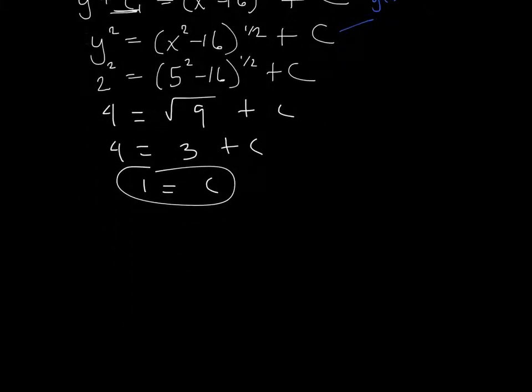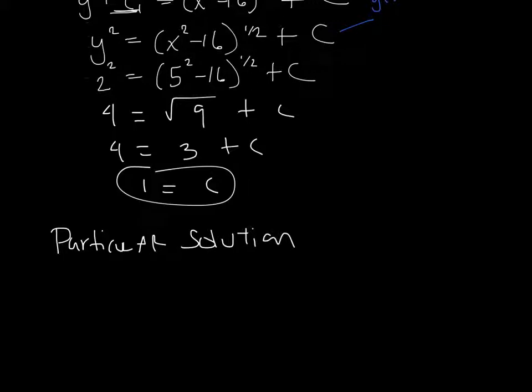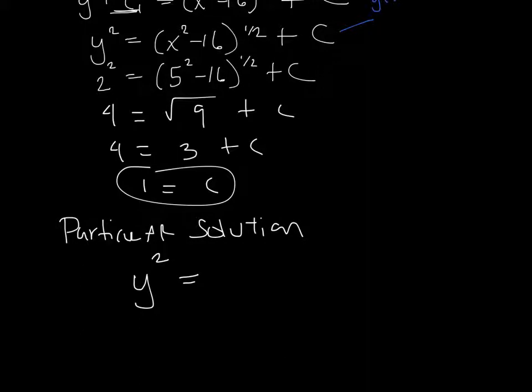So now let's write our particular solution. Our particular solution is y squared equals the square root of x squared minus 16, or they write it as that expression to the half, plus our c, and our c is 1 in this case.